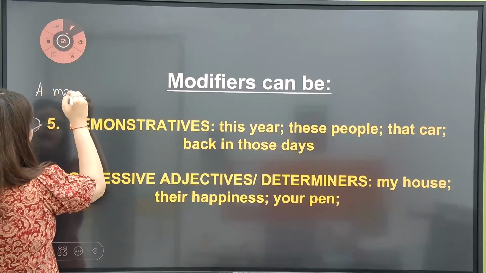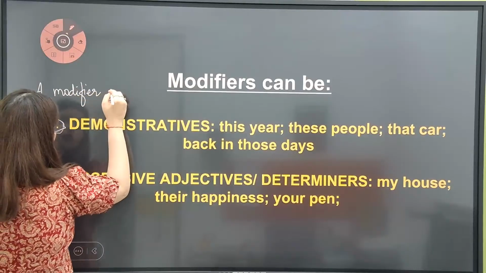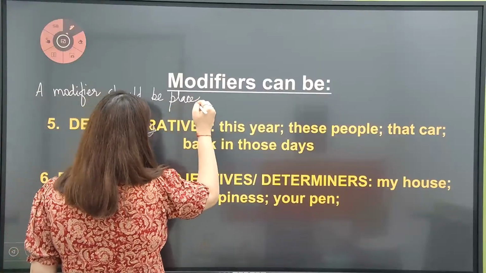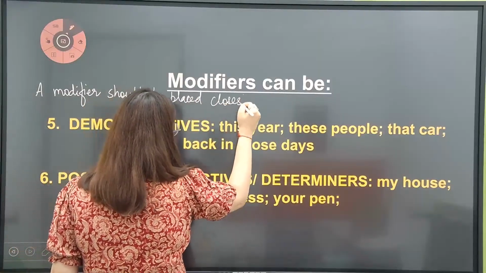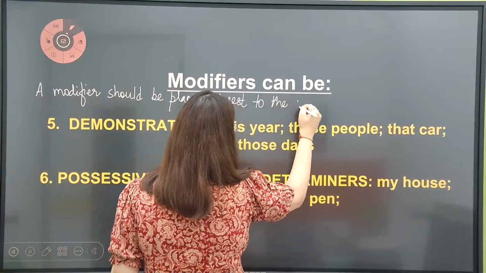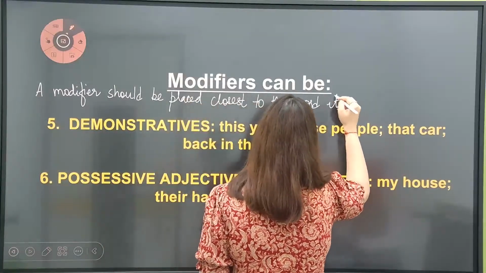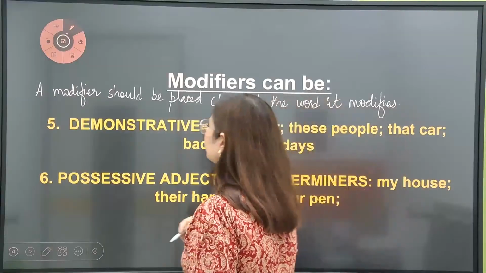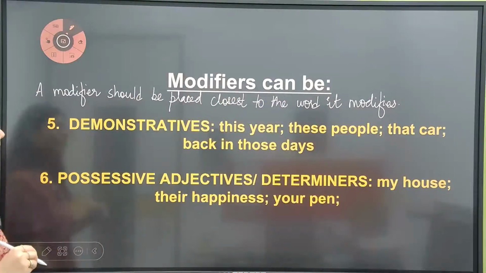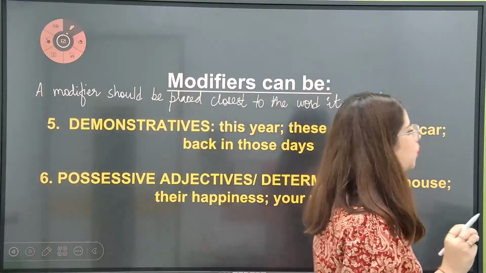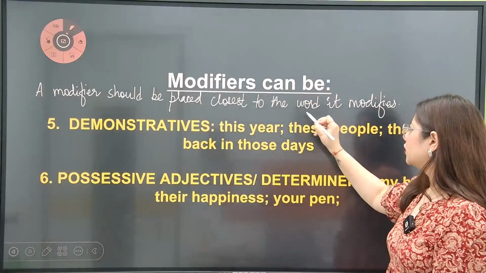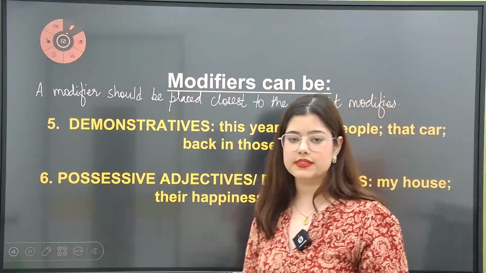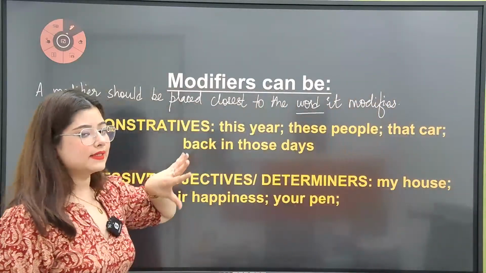A modifier should be placed closest to the word it modifies. A modifier should be placed closest to the word it modifies, closest to the phrase it modifies, closest to the clause it modifies, right? What do we mean by this?